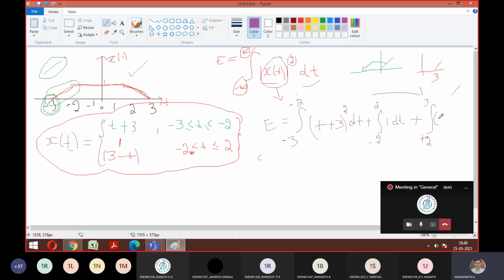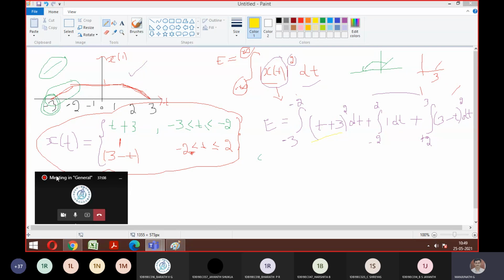What did we write here? We wrote 3 minus t. This is x of t, and its whole square will come into dt. From now onwards you can proceed and get the answer. Just apply normal integration. Before that, expand the formula. It's like a plus b whole square, so a square plus b square plus 2ab. Apply it for both, simplify and tell me the answer. I want everyone to do it and finish it off. If you have any doubt, let me know.